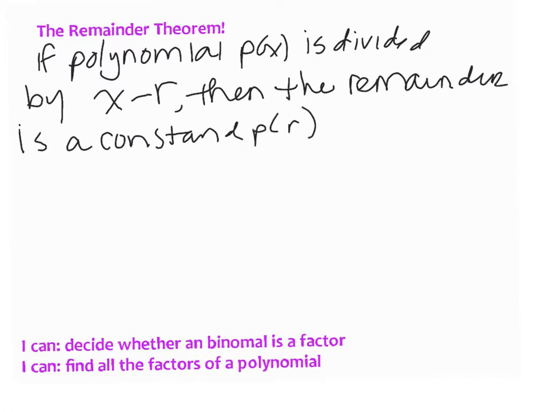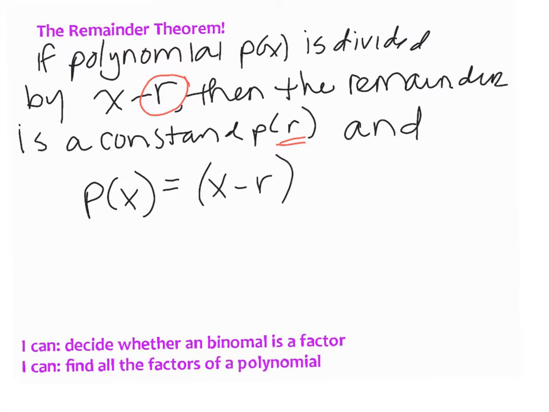So that means if I plugged in this number r, my answer would be something, the polynomial evaluated at that number r. And then the important part that we're really going to talk about today is that p of x is that factor, x minus r, times the quotient, whatever's left, plus the remainder. Okay, and that's the remainder.